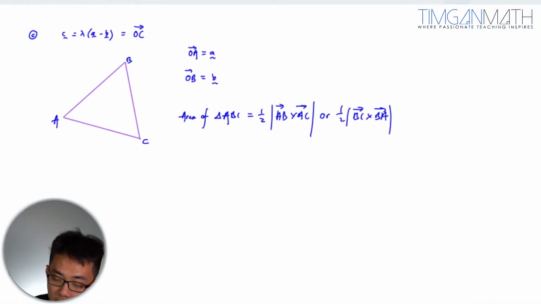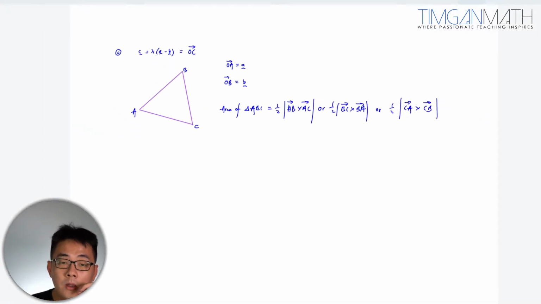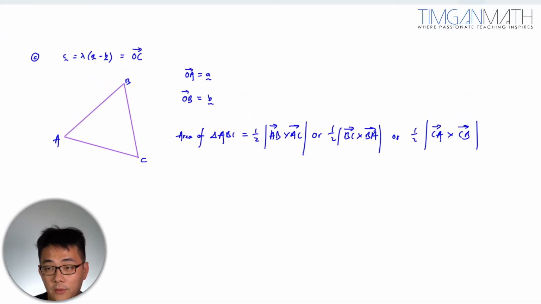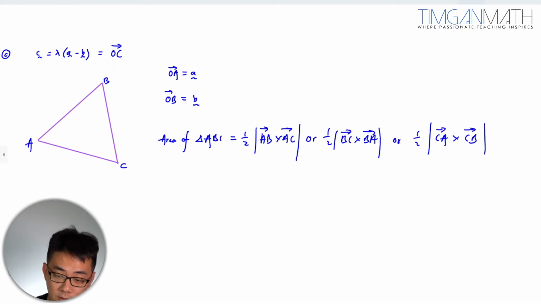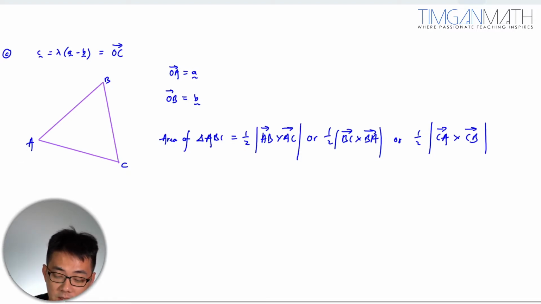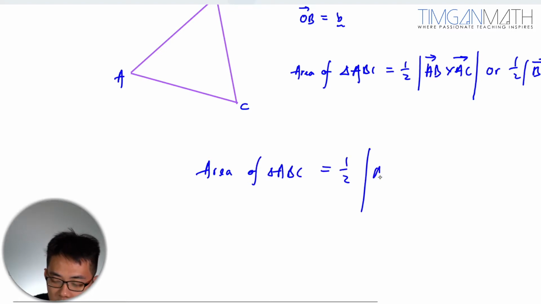The first one seems to be easier, so I'm going to use the first one. So the area of triangle ABC should be half AB cross AC.